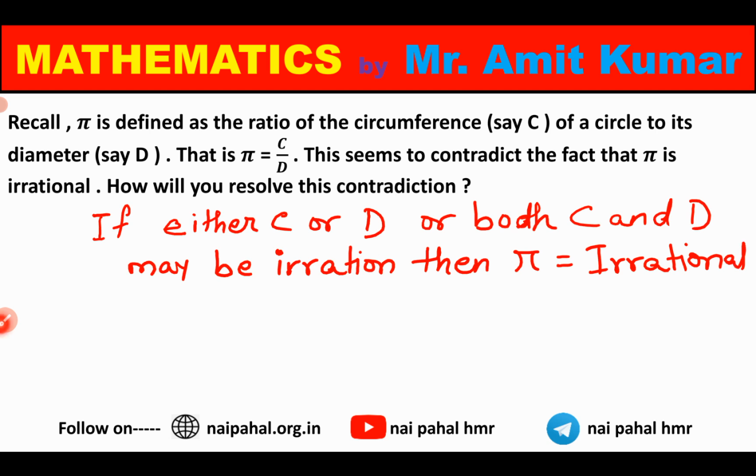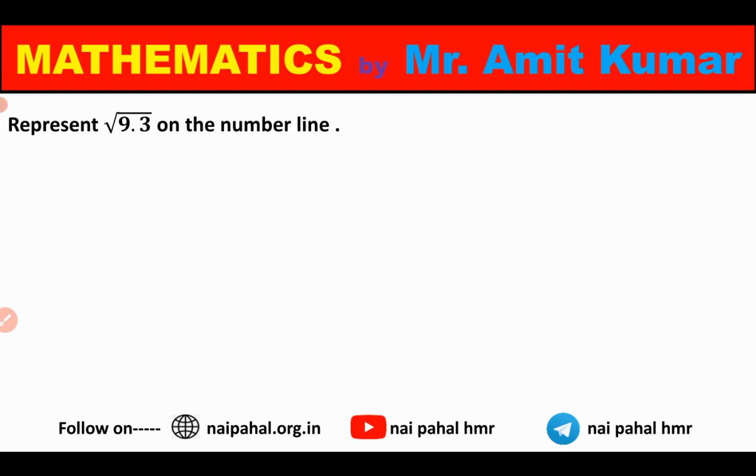If any of the values of C or D may be irrational, then pi seems to be irrational. Let's move on to the next part.